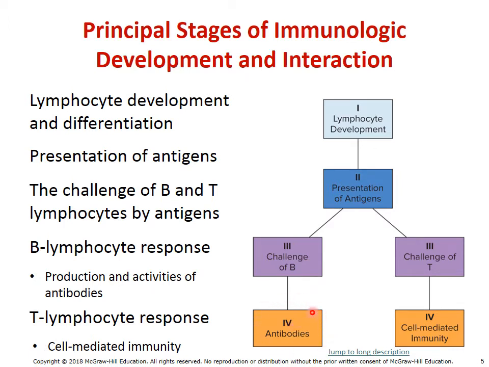So how B cells actually fight is antibodies. The T cell, on the other hand, whenever they're challenged or presented with an antigen, they reproduce and can ultimately then go producing cells that then fight other cells. So we call it cell-mediated immunity.